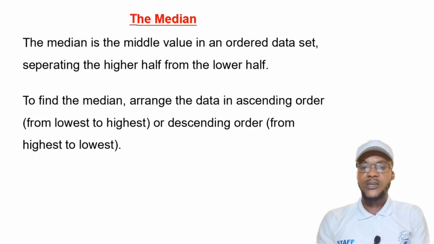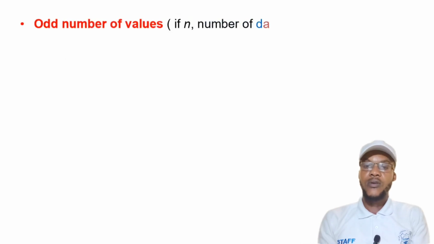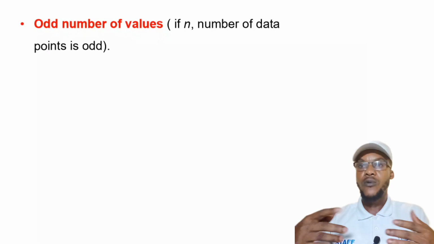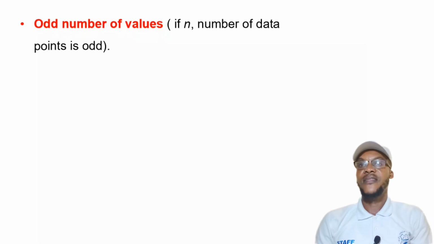But let's take note of this. When you get a question, you don't just find the middle number. There are conditions. The first condition is if you realize that there is an odd number of values, that is, n, the number of data points, is odd. If you count them and you've got an odd number, how do we find the median?